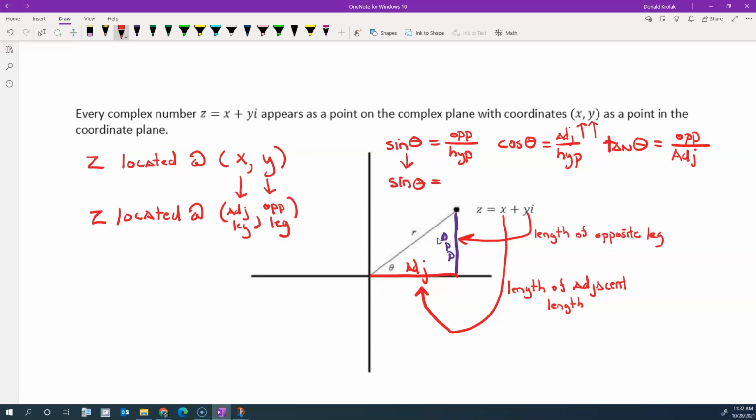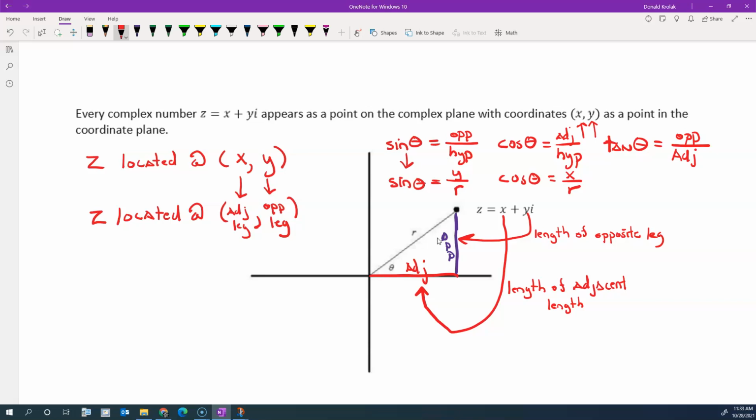X or Y? I'm going to take out the word opposite and put in the letter Y. I'm going to take out the word hypotenuse and put in the letter R. Now the same thing here with cosine: I'm going to take out the word adjacent and put in X, and take out the word hypotenuse and put in R.